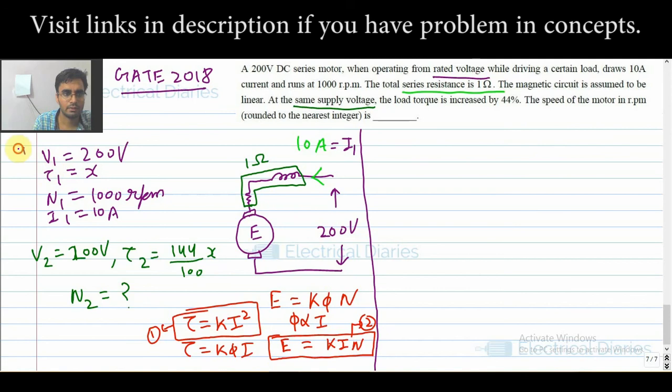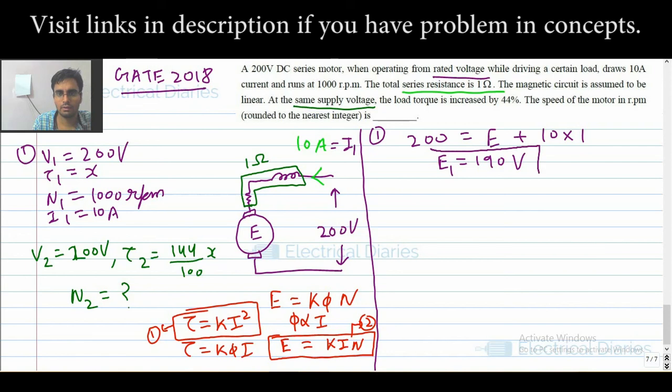For the first case, V 200 is equal to E plus 10 into 1. So E will come out to be 190 volts. Let me call that E1. Now for the second case, I have to find E again.